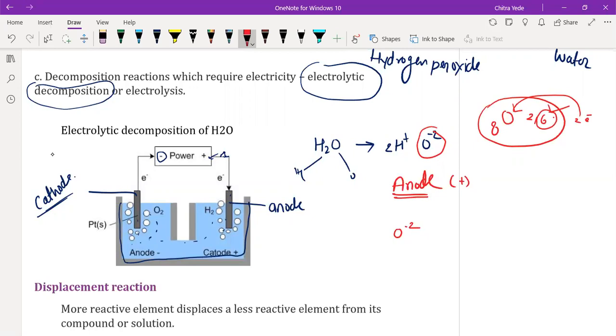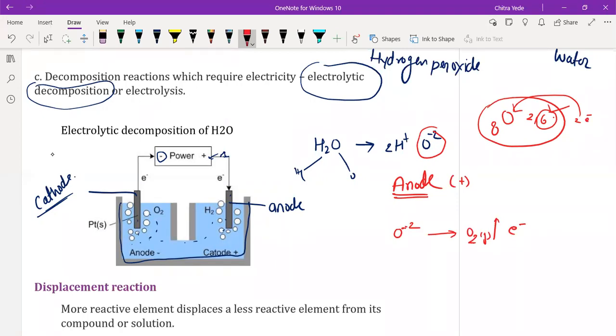Due to the gain of 2 electrons, we show 2 negative charges on oxygen. Oxygen will lose electrons and form oxygen gas, and oxygen gas will be liberated at the anode.